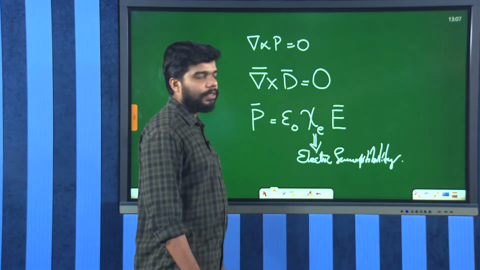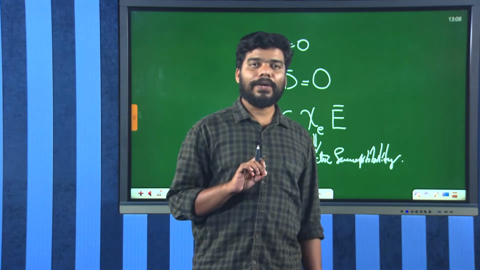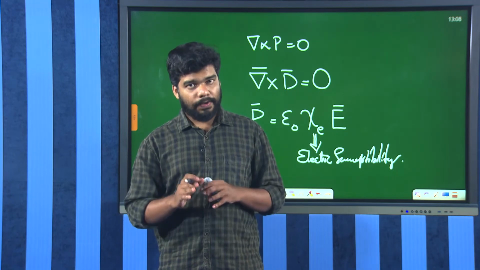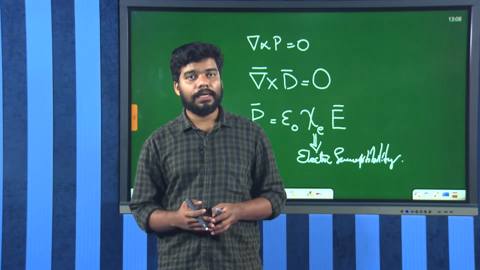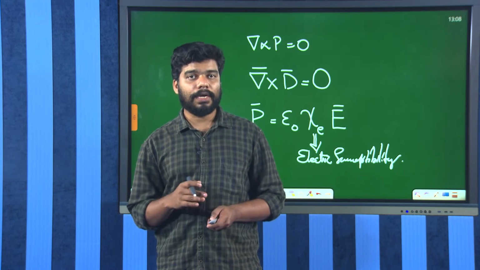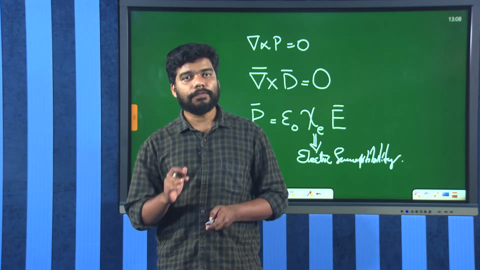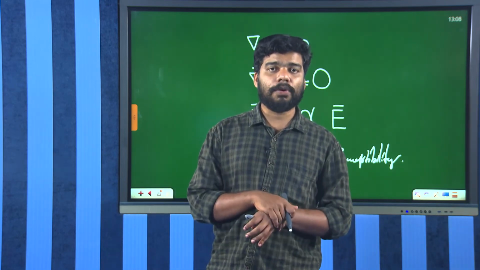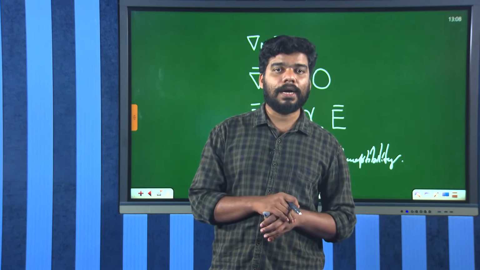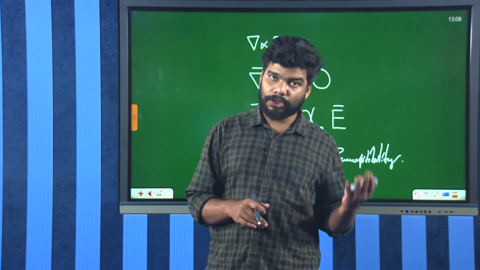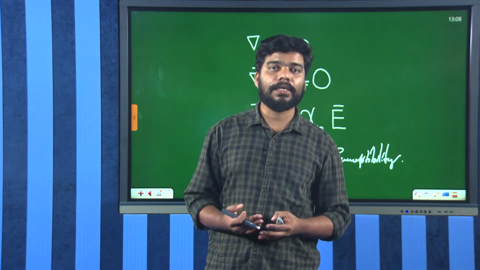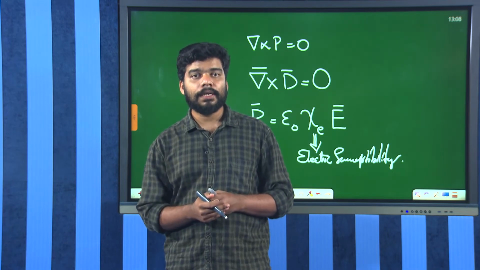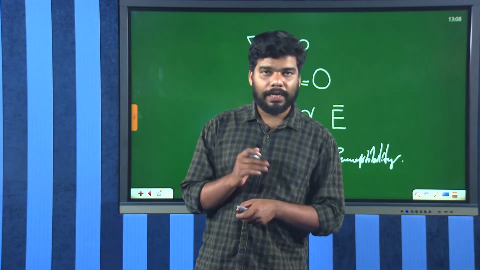So, we have to define what this electric susceptibility is: it is the amount of polarization that can be achieved for a dielectric medium. Now, for an anisotropic medium, chi E will be the susceptibility tensor. As we have discussed the polarizability as a tensor, here for an anisotropic medium, chi E will be the susceptibility tensor. So, how can I write this equation?